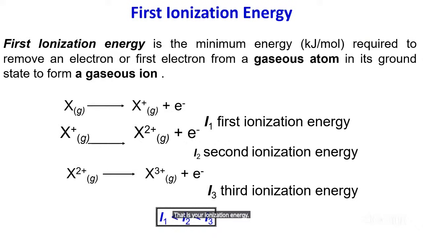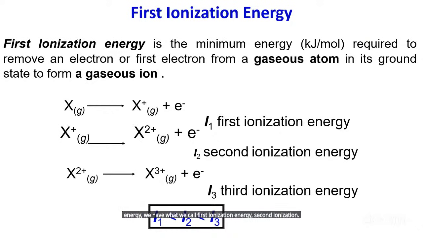Now, for ionization energy, we have what we call first ionization energy, second ionization energy, third, fourth, fifth, and so on and so forth. But first, what is first ionization energy?